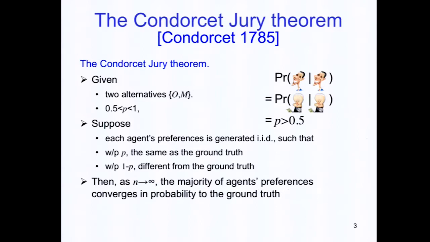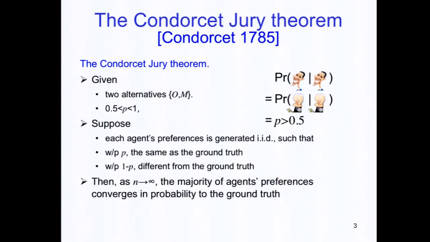The theorem basically says that as the number of votes goes to infinity, let's just use majority voting, or plurality, because when you have two candidates, plurality is the same as majority, the winner of the agents' profile converges in probability to the ground truth. Basically, with a large number of samples, the majority of the samples reveals the ground truth with high probability, and the probability goes to 1 as n goes to infinity. If you have taken a statistics course, this is called consistency of the estimator.